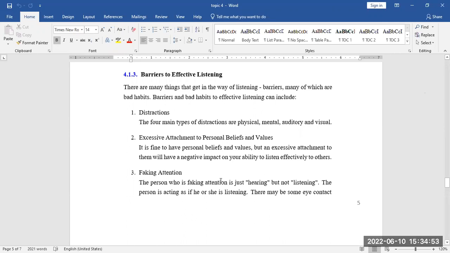Number 2 is excessive attachment to personal beliefs and values. Maybe you are a Kisii, or a Luhya, or a Muslim, or a Christian. Suppose, for example, a Christian is praying, and maybe you are a Muslim.